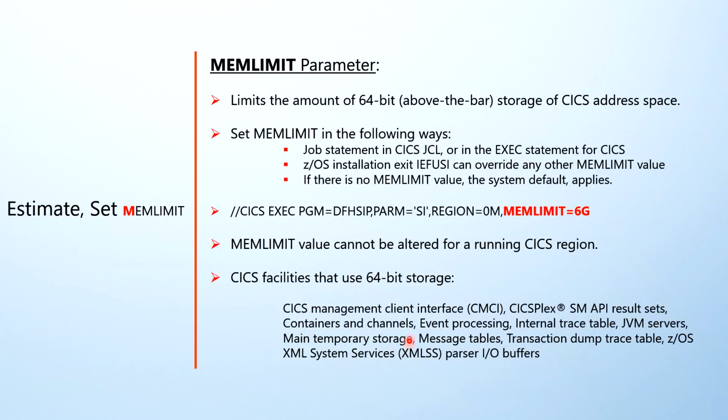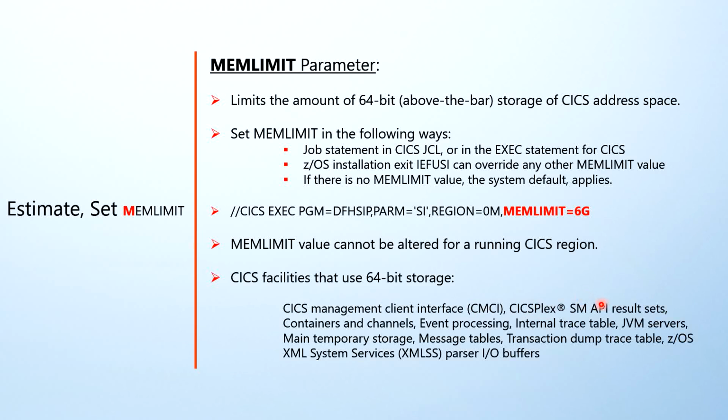And here are a couple of CICS facilities which try to exploit the 64-bit storage as on date. One is the CMCI, which is especially used to communicate with CICS Explorer, and the CICS Application APIs as well.